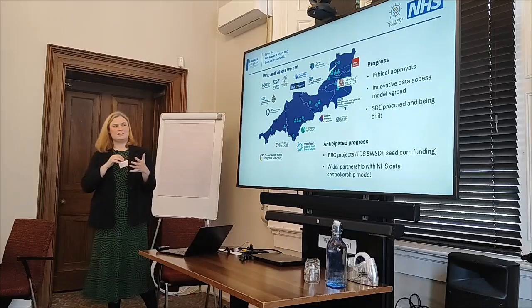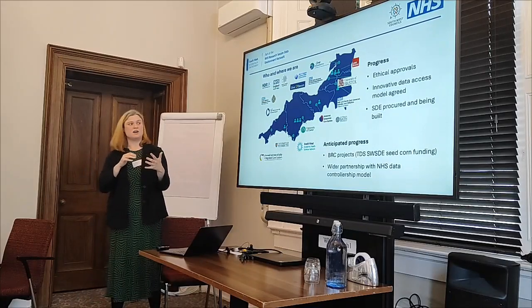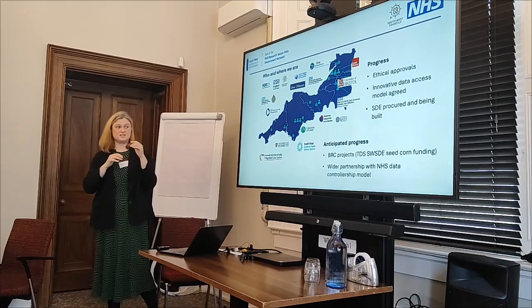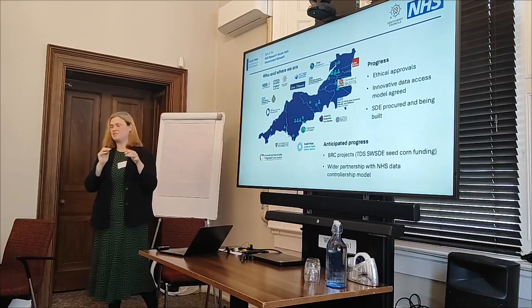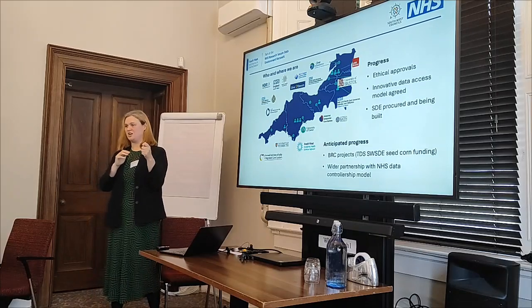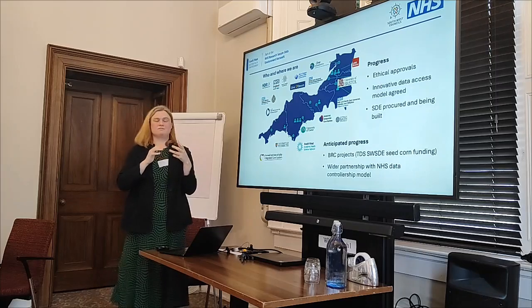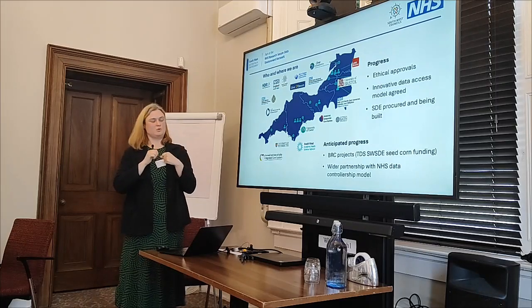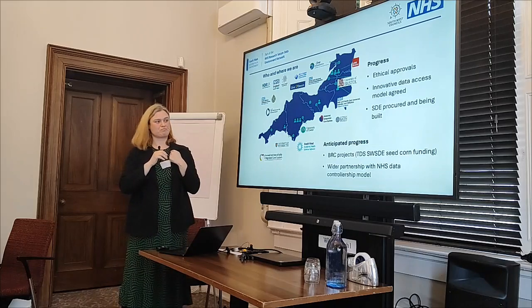We have this hugely innovative data access model, which is agreed and signed up for by the 6 ICBs and the Ambulance Trust, which means that we won't have to go to each individual centre to get a formal approval for each project. It'll be hugely efficient. And we've procured our secure data environment, and it will be built to be up and running by spring this year.